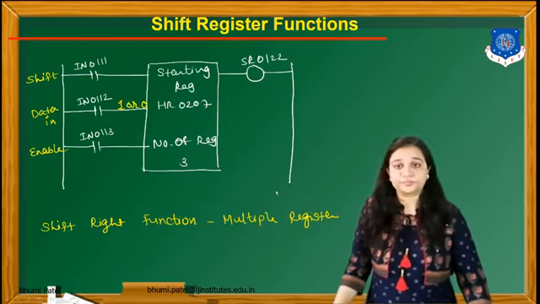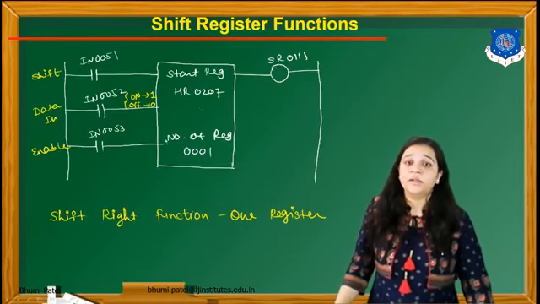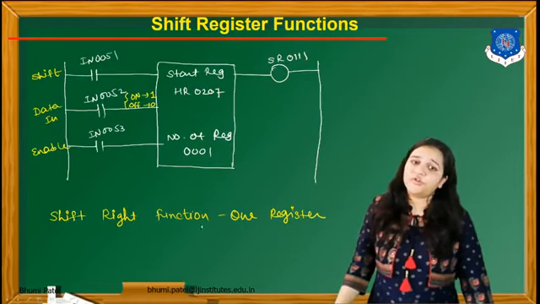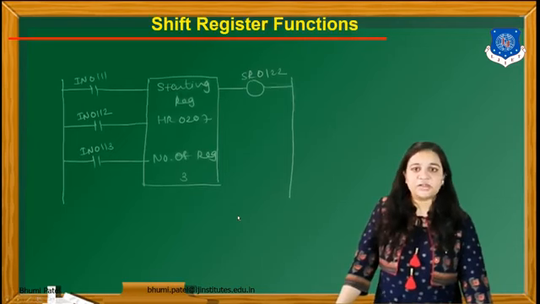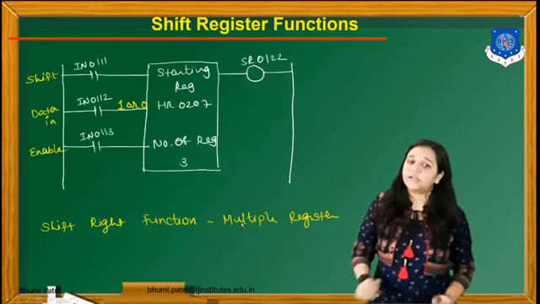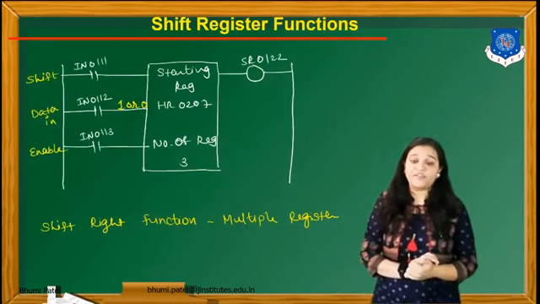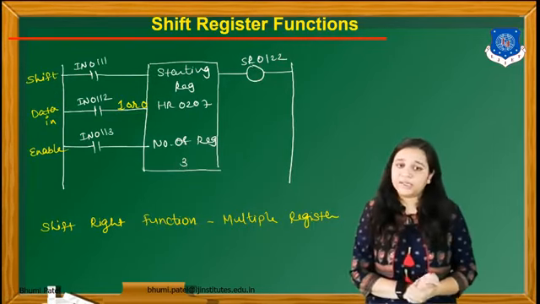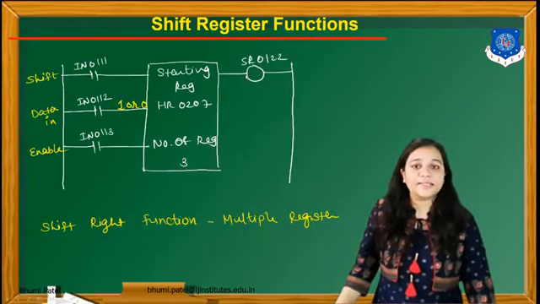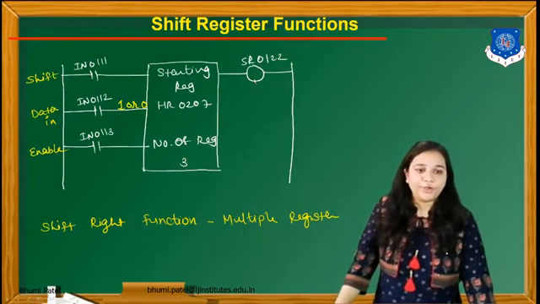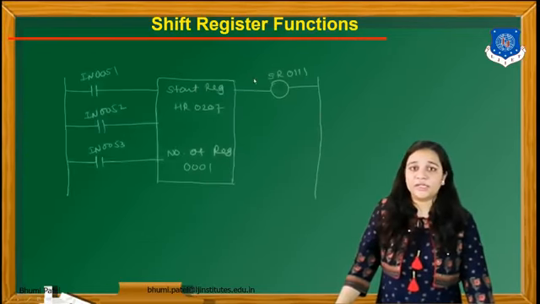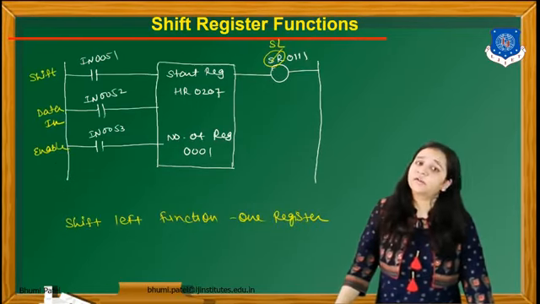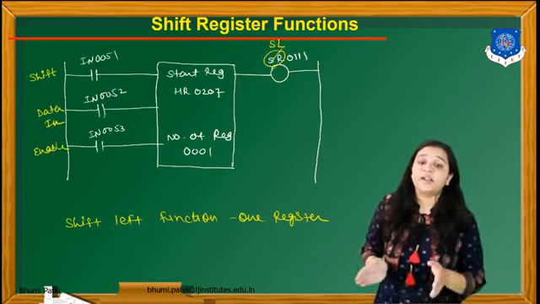You can see that the number of registers is 001 for one register, and here it is given as 3. So the shift right function is used for multiple registers and the command is SR0122.